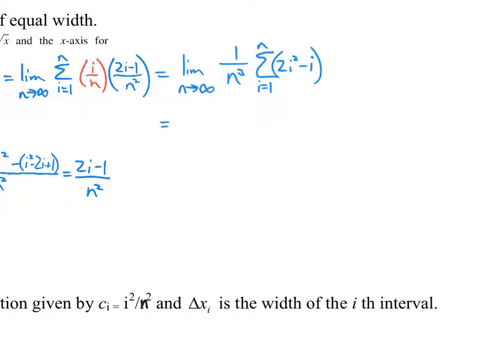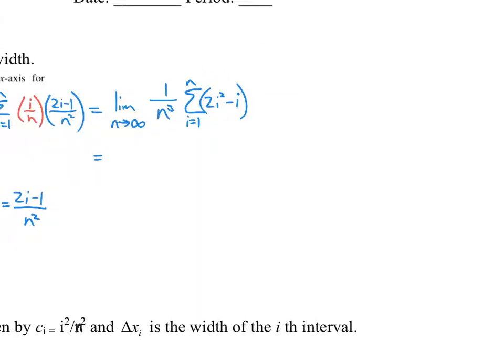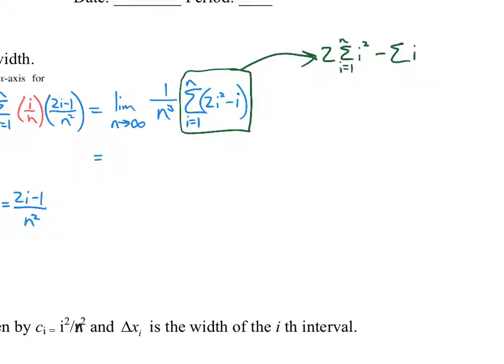So, for the sake of writing, I'm going to go ahead and pull this part out. And I'm going to rewrite that as 2 times the sum from i equals 1 to n of i squared minus the sum of the i's.